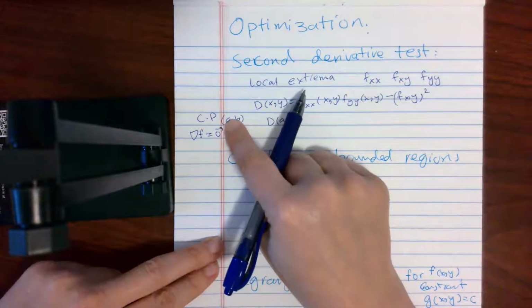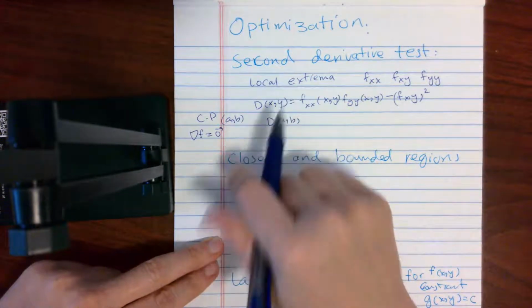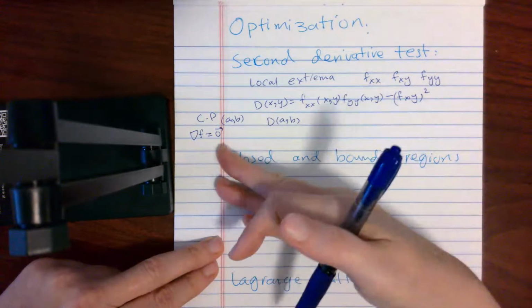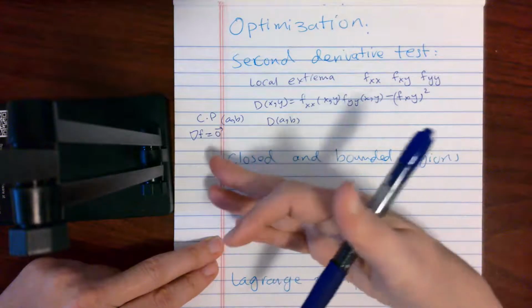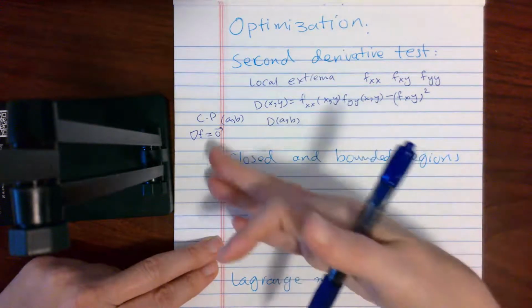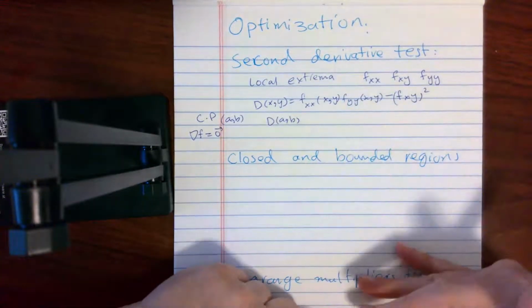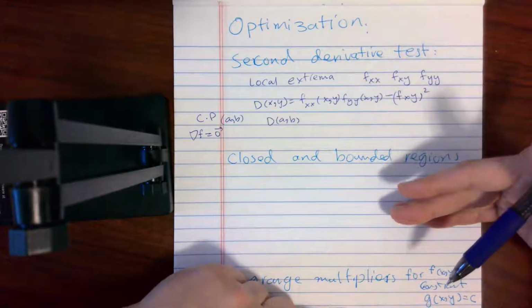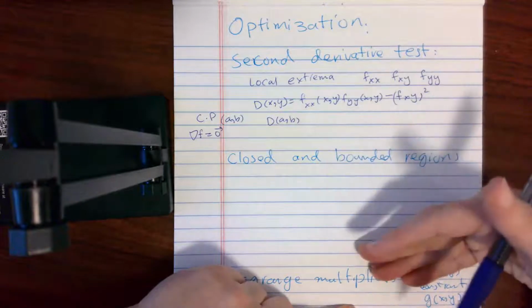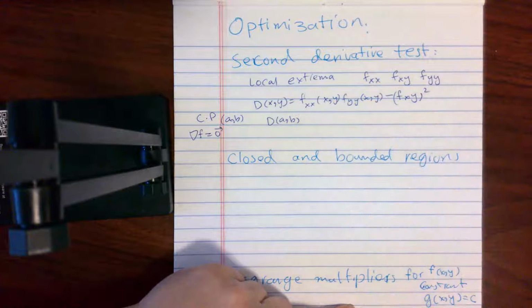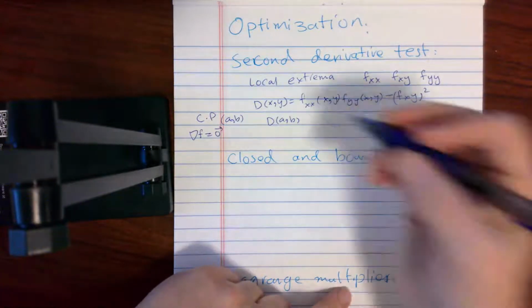You solve and you get all the critical points that would work in the second derivative test, because those are the ones that actually give the first partials equal to 0. Again, all I'm doing is going over functions of 2 variables, and for a function of more than 2 variables, go back to your notes and check those out.